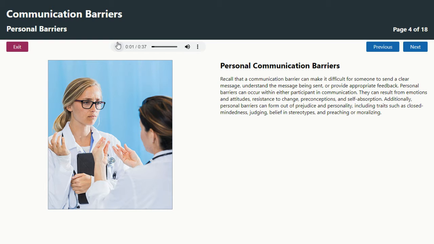They can result from emotions and attitudes, resistance to change, preconceptions, and self-absorption. Additionally, personal barriers can form out of prejudice and personality, including traits such as closed-mindedness, judging, beliefs and stereotypes, and preaching or moralizing.